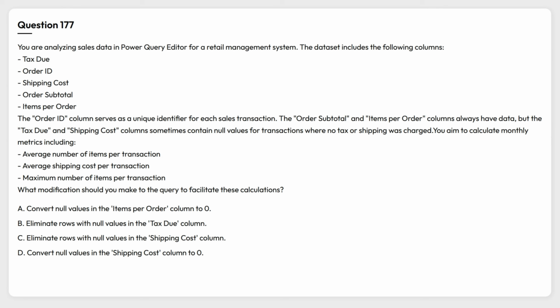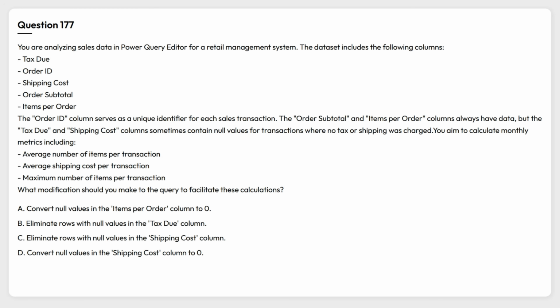You aim to calculate monthly metrics including average number of items per transaction, average shipping cost per transaction, and maximum number of items per transaction. What modifications should you make to the query to facilitate these calculations?